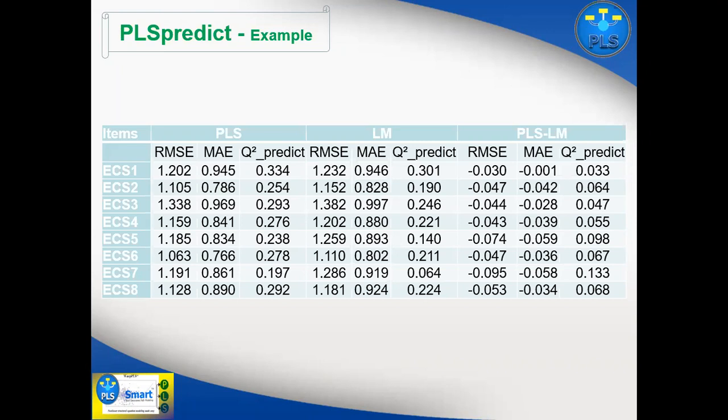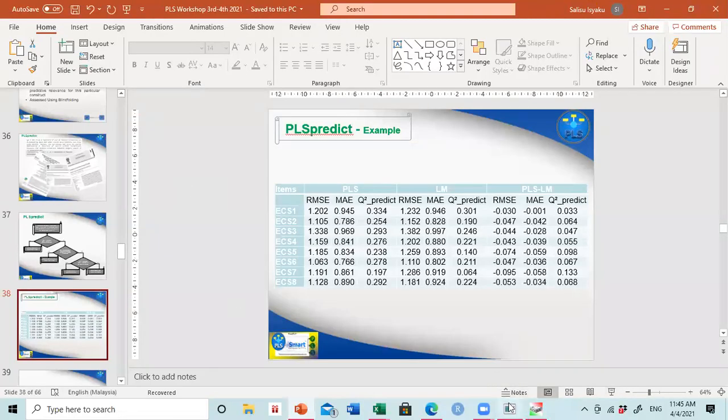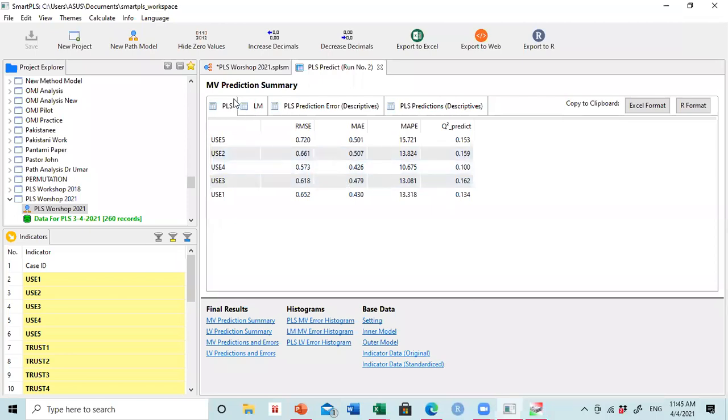This is the table for how you report it. Here you look at PLS and LM in the table. What we want to see is that LM should always be greater than PLS, or in another way, PLS should be less than LM.